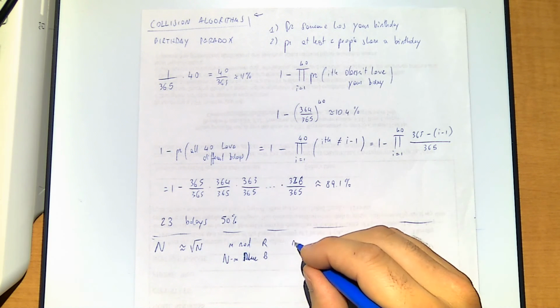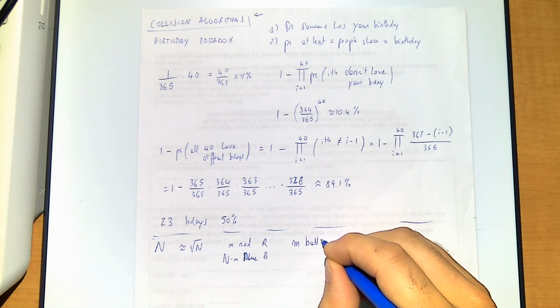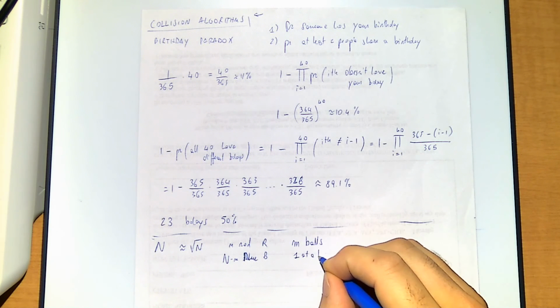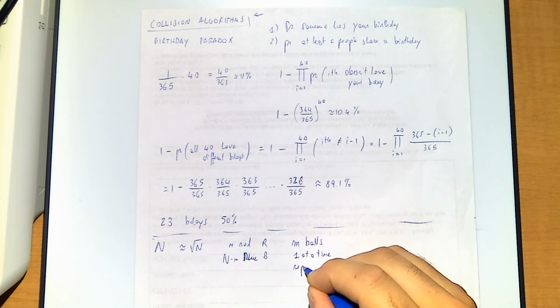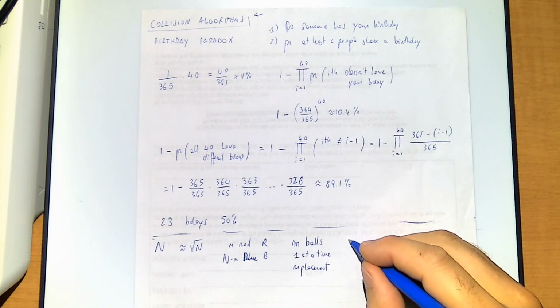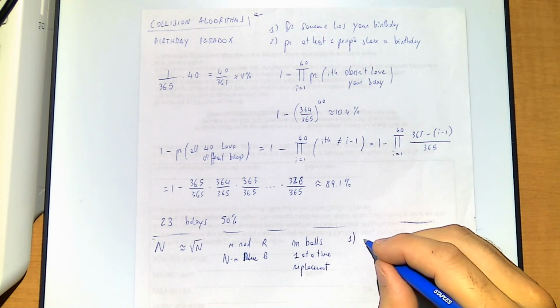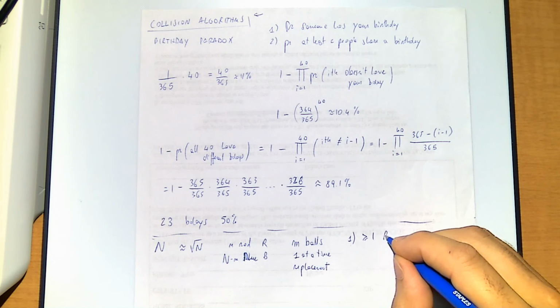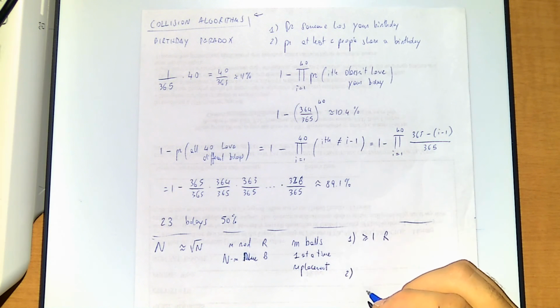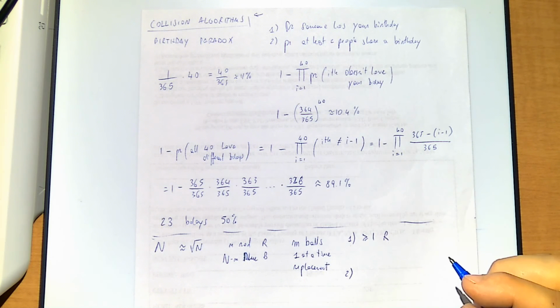So you pull out m balls, one at a time, and with replacement. Okay, so first of all, what is the probability of selecting at least one red ball? Let's do the first one first.